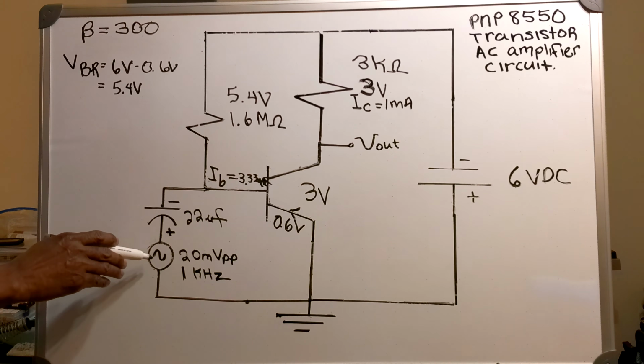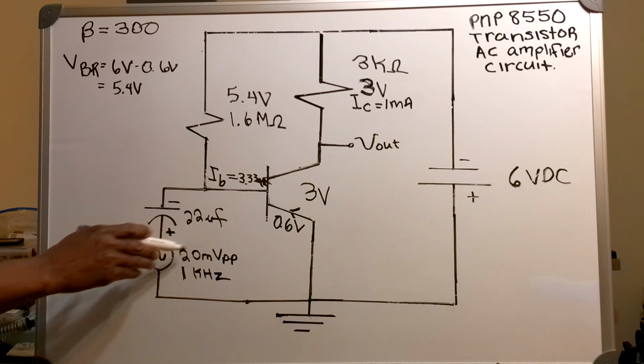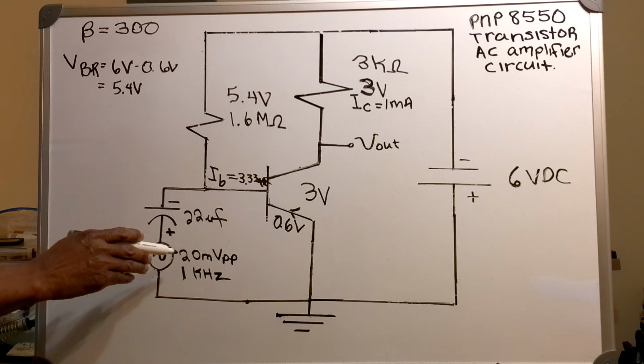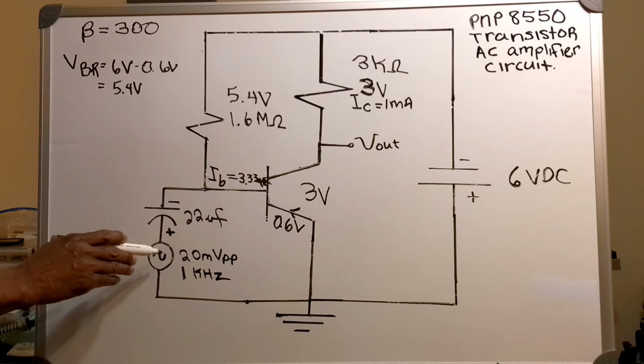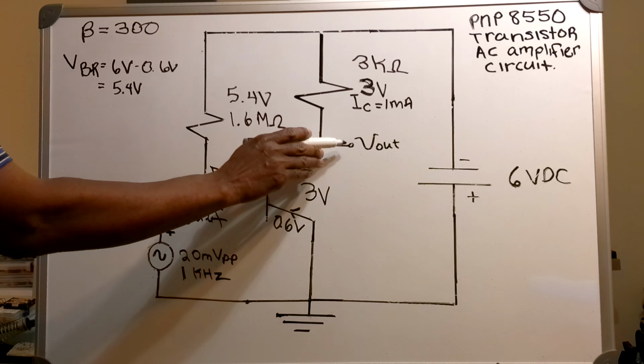Now what I'm going to do is I'm going to apply my 20 millivolt peak-to-peak signal. The idea is that I apply the signal and I get a much bigger signal out here.